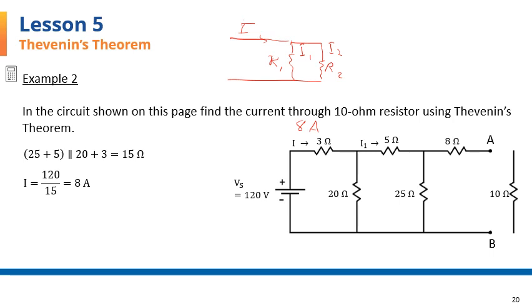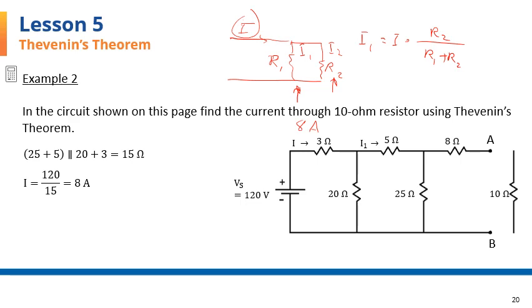If you want to calculate, for example, I1 equals I, the overall current, times a fraction with R2 in the numerator and R1 plus R2 in the denominator. What this means is that the current that goes through this branch here is proportional to the resistance of the other branch, this one. So R2 goes in the numerator, R1 plus R2 goes in the denominator.